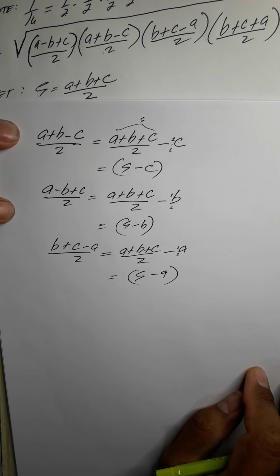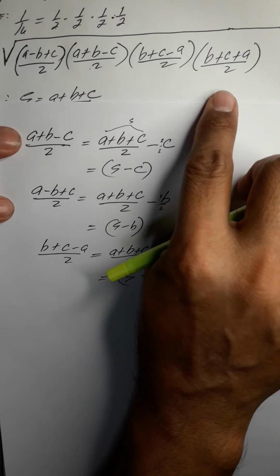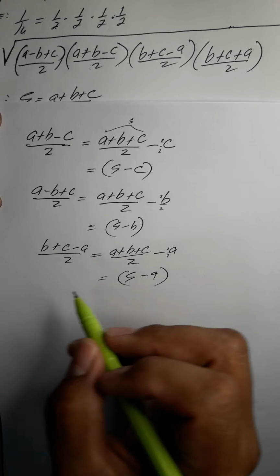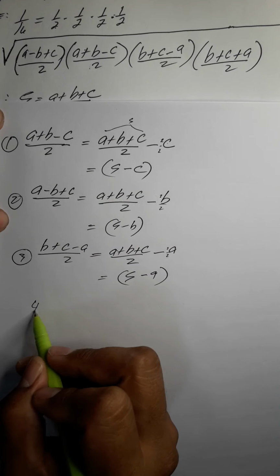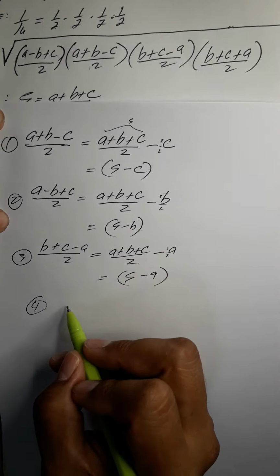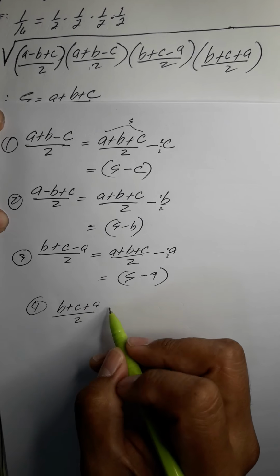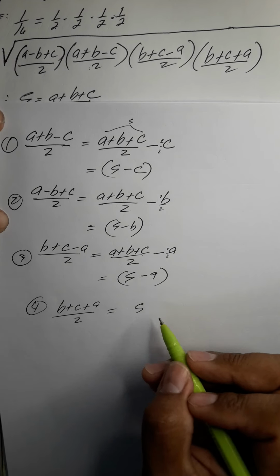Okay, and finally, the last one here, B plus C plus A over 2 is actually our S, right?